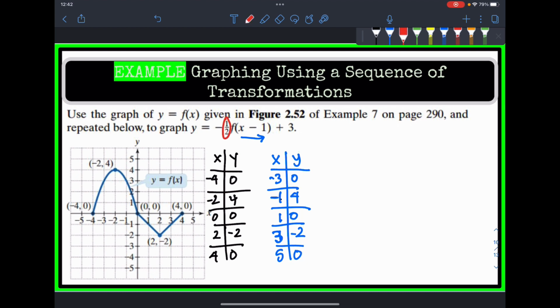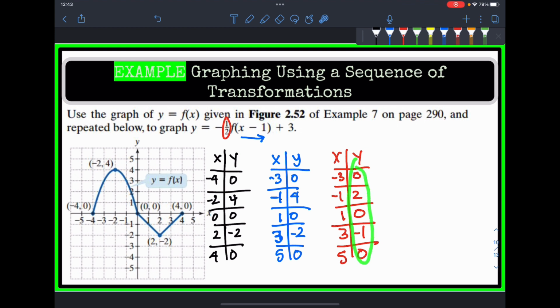So the 1/2 is going to multiply all of these y coordinates by half. And this is where the locations would be after shifting it 1 unit to the right and shrinking vertically by half.